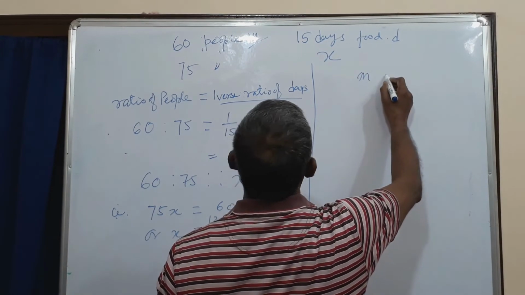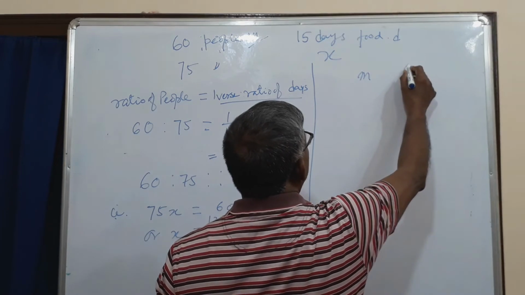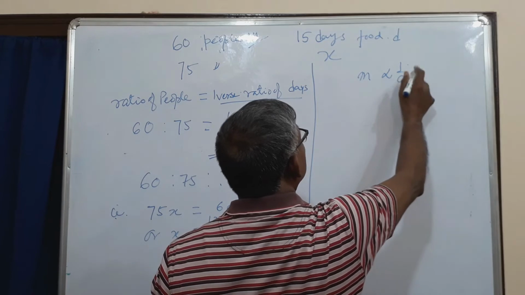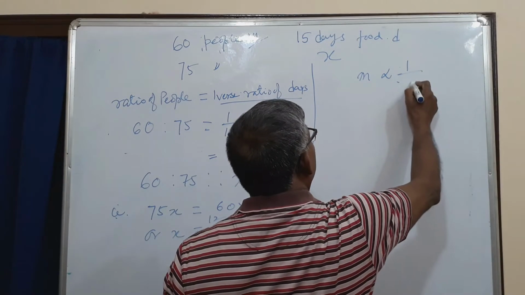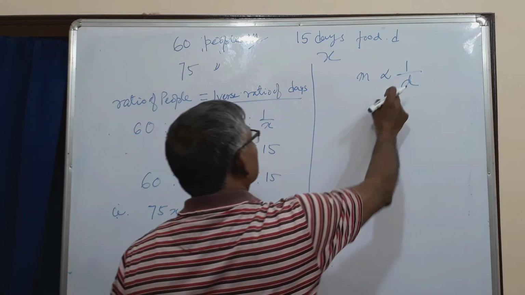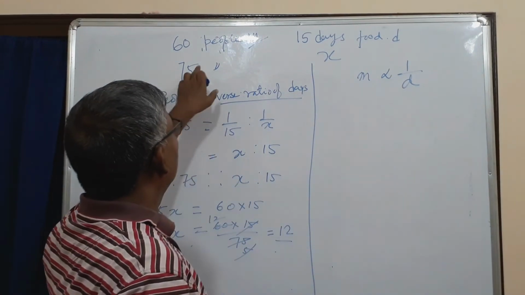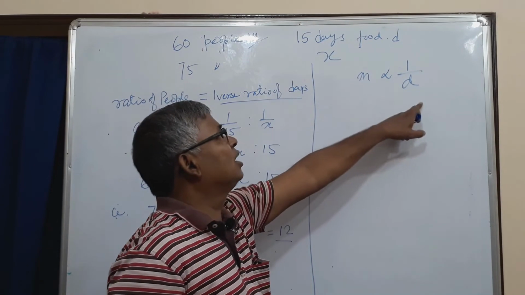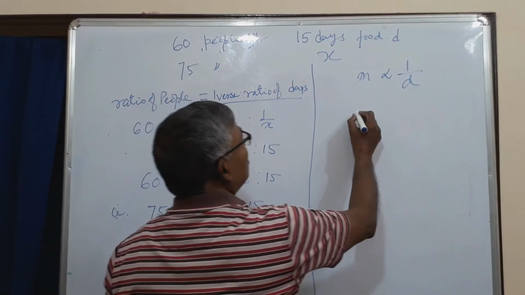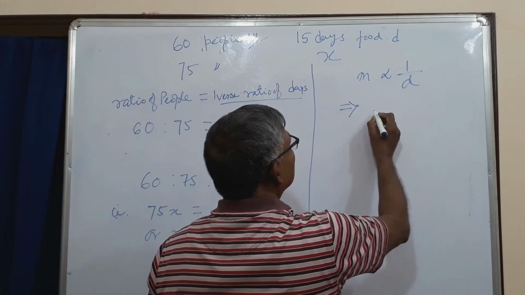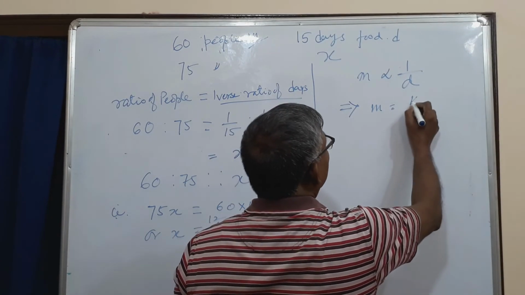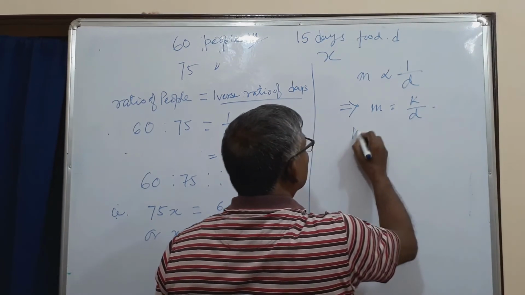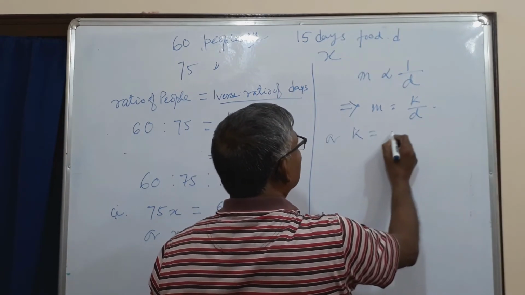Whenever m increases, days decrease, that is m varies as 1 by d. More people, the number of days will be reduced. So here is an inverse relation, and so we can write m equals k by d, or k equals md.